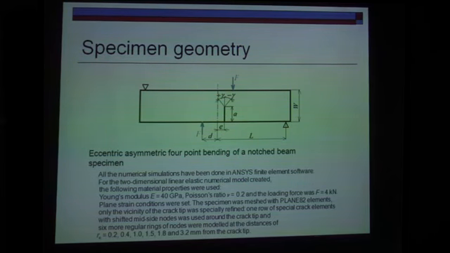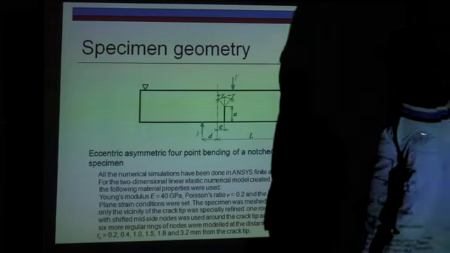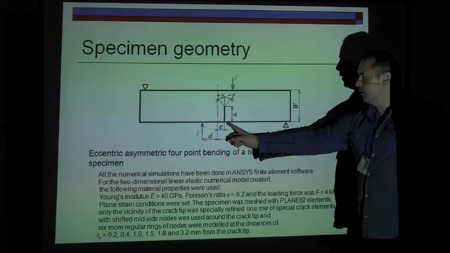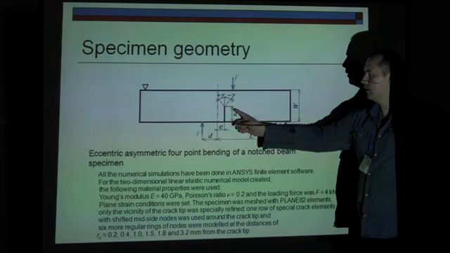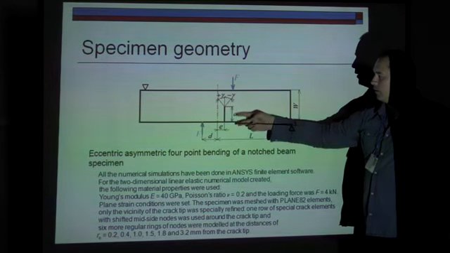For evaluation of our results, we use this geometry. This geometry is an eccentrically asymmetric 4-point bending beam specimen. You can see here what is important: the length of the specimen and the width. Here you can see the eccentricity of the specimen, which gives us different mixed mode for the crack length.